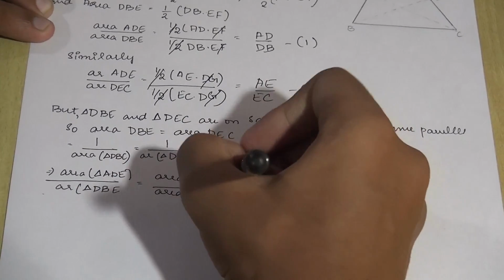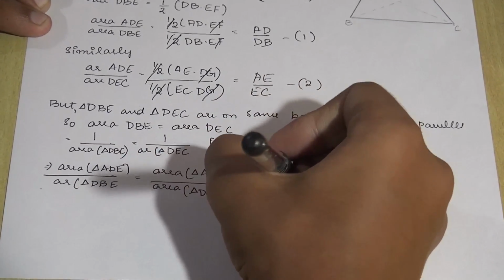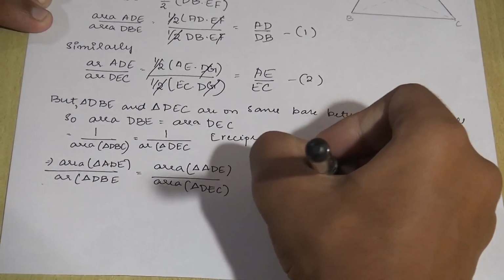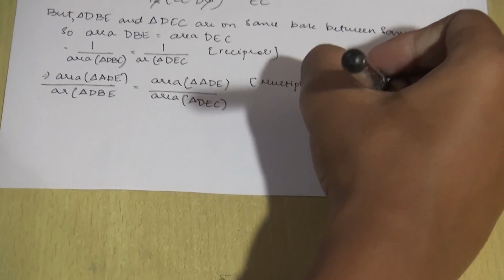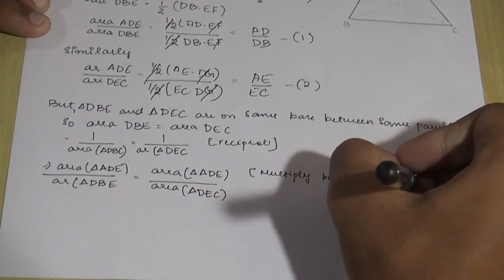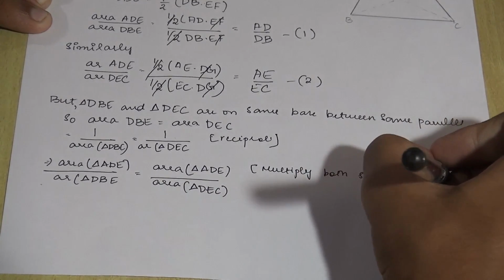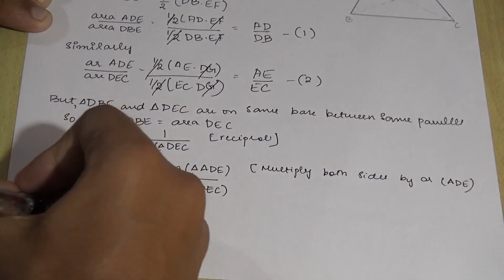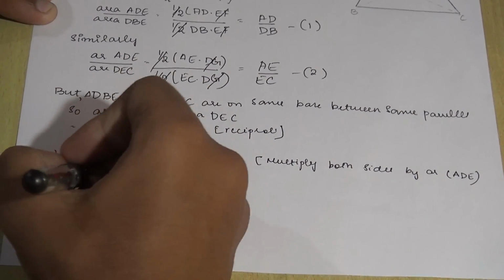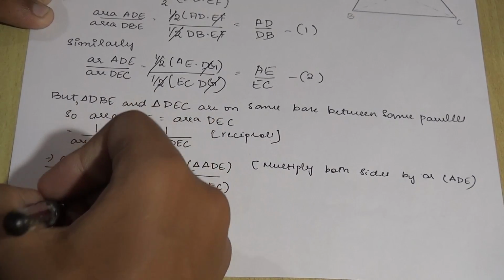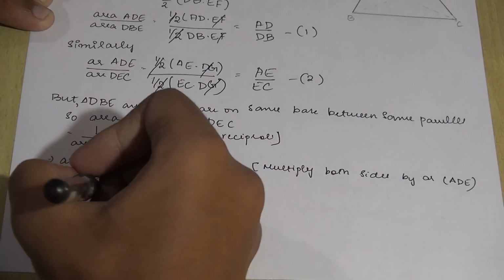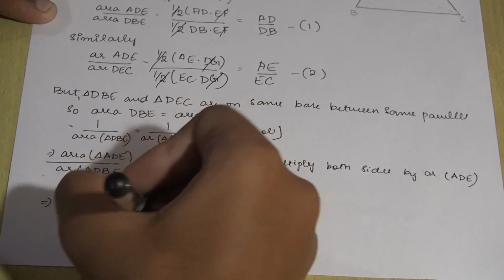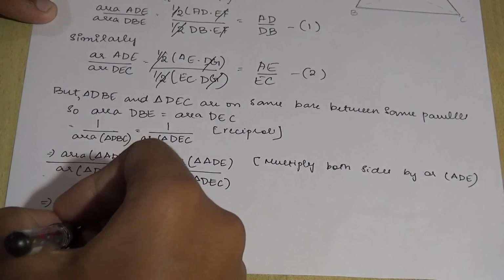We get this step by multiplying both sides by area ADE. Hence we get AD by DB is equal to AE by AC. Hence proved.